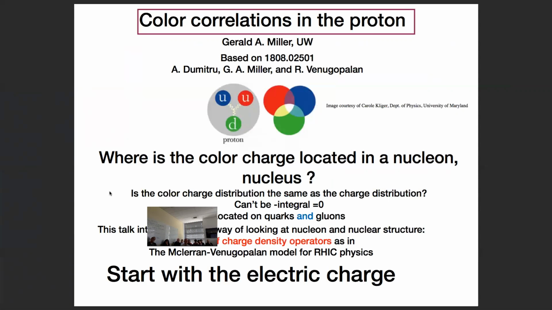In that model, observables are calculated from matrix elements of the color charge density, and the color charge density per unit area is the dominant quantity in that kind of physics, and I'm not going to talk about that.